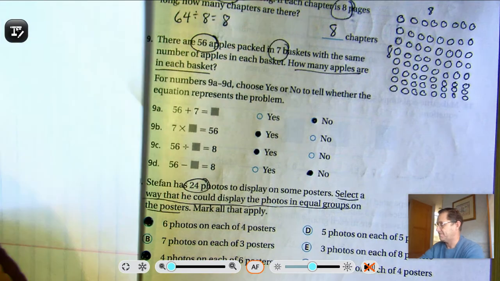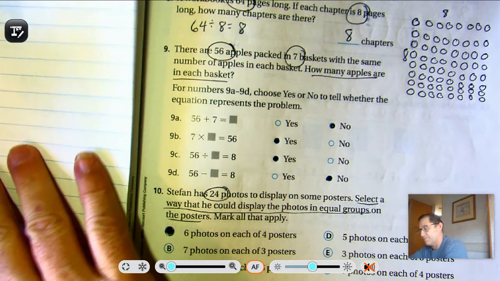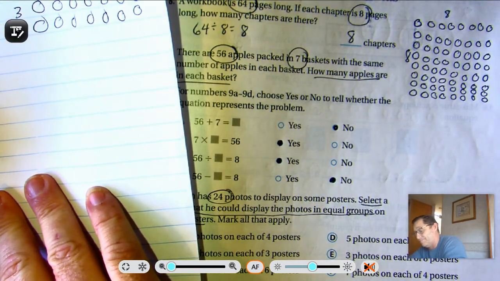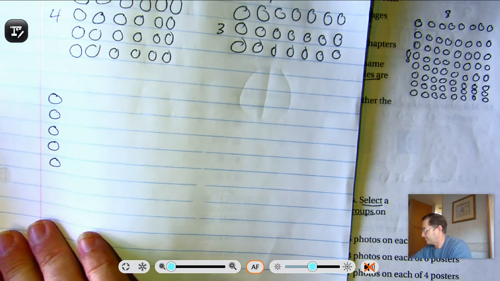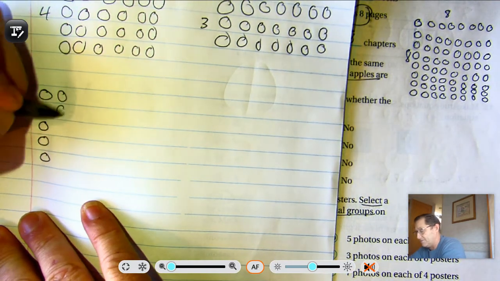5 photos on each of 5 posters. Well, let's go ahead and show it. That one will not work, though. 5 posters. He wants to put 5 pictures on each poster.